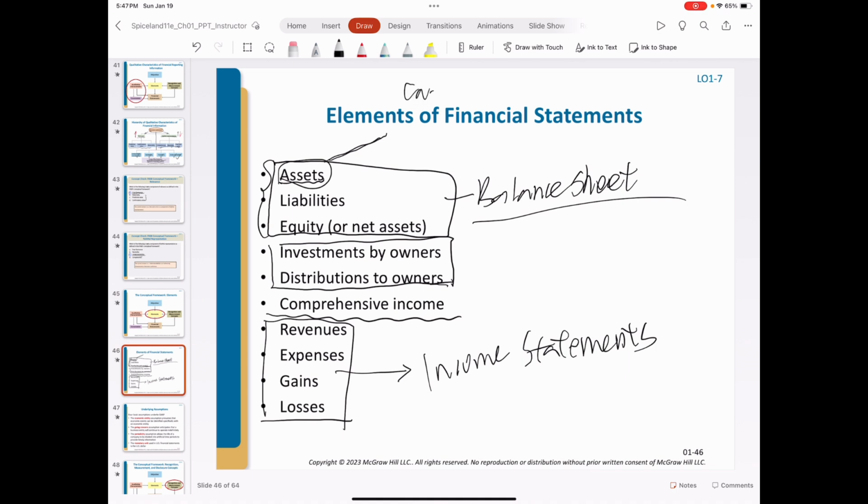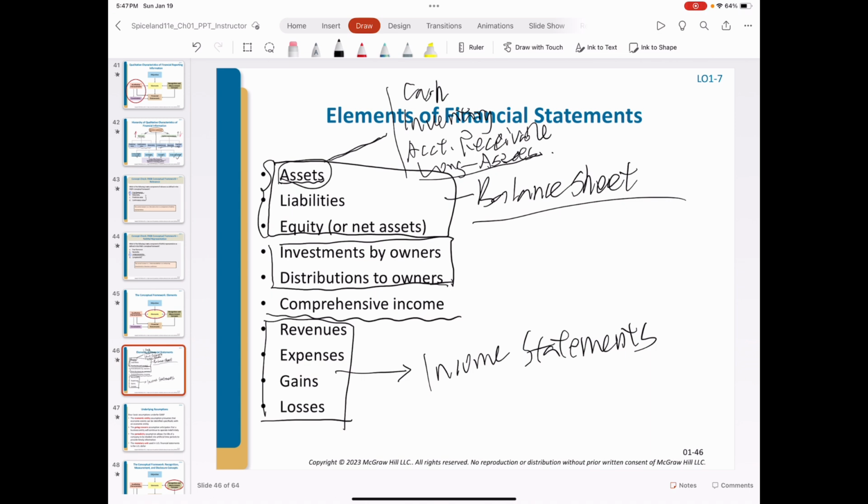The accounts like cash, inventory, accounts receivable, long-term assets, some other long-term assets, and so on and so forth. For each element we can break down into different accounts.